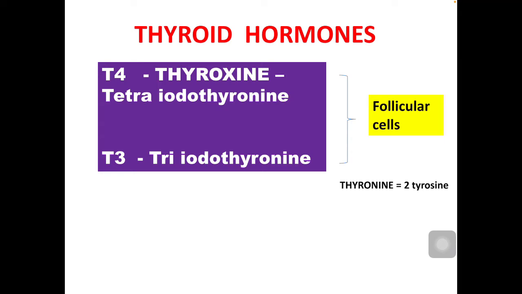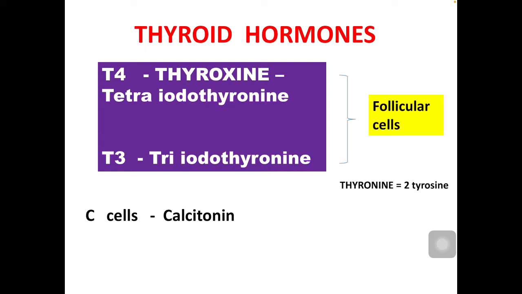Another group of cells present in the thyroid gland are the parafollicular C cells, or medullary C cells, and these produce what is known as calcitonin. So the thyroid gland as such produces two groups of hormones: one is thyroxine and the second is calcitonin.